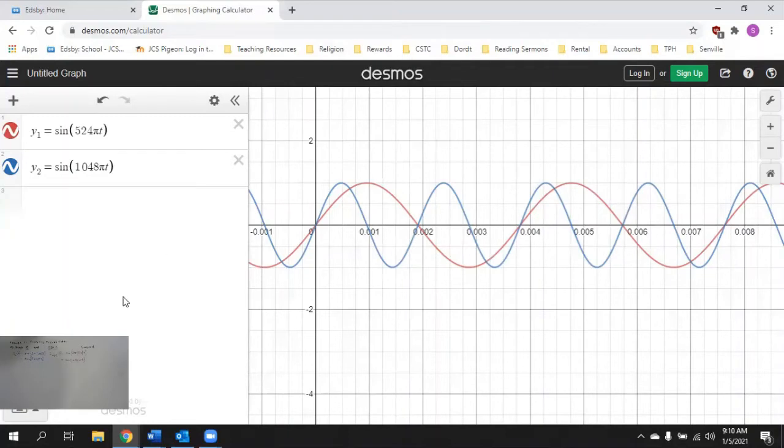In order to view the combined function, all I have to do is come over here and hit y1 plus y2.